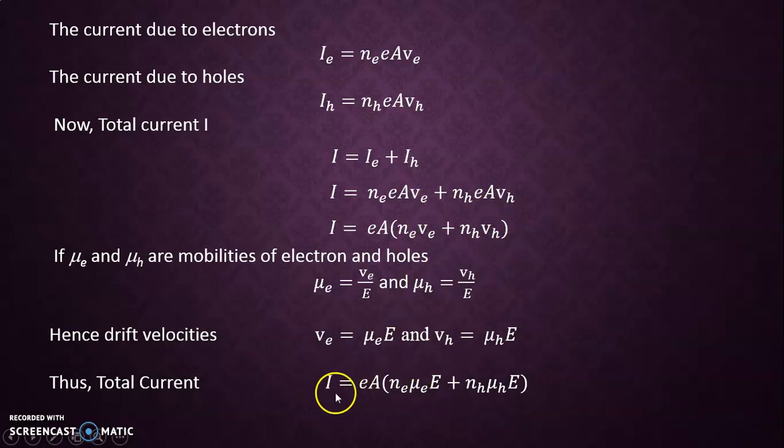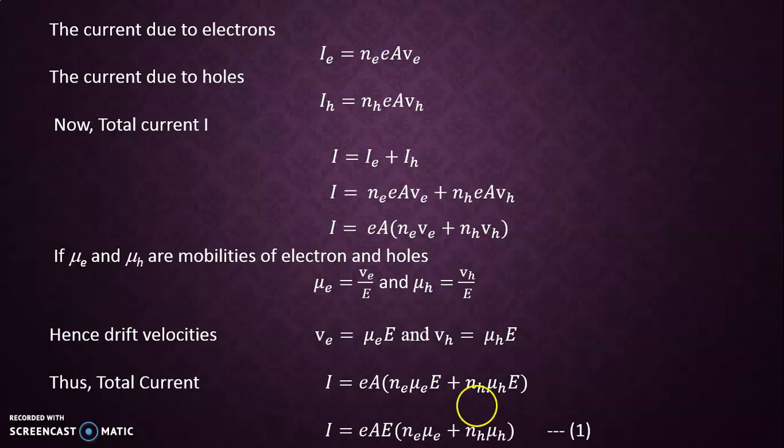So the current I gives e into A n_e into mu_e into E plus n_h into mu_h into E. These mu_h into E and mu_e into E are the drift velocities.